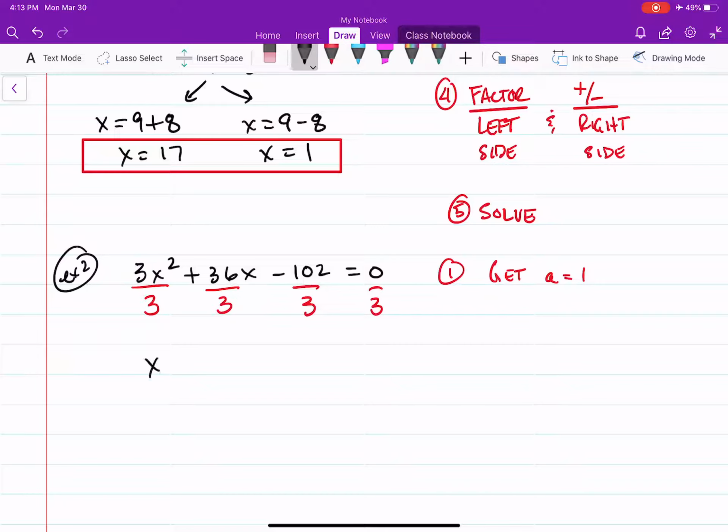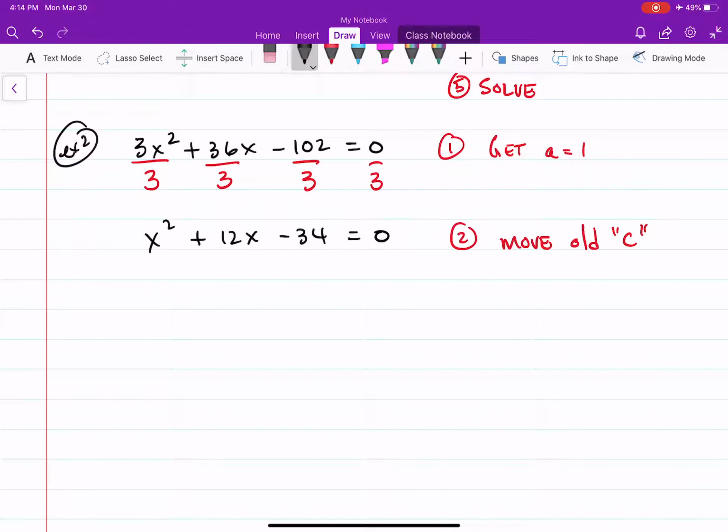So x squared plus 12x minus 34 is equal to 0. Step 2, move old c. So I have x squared plus 12x is equal to 34.